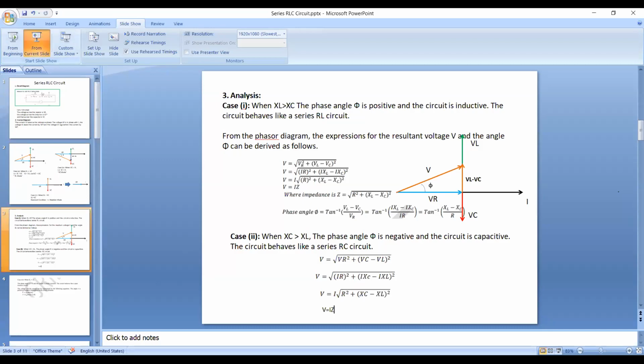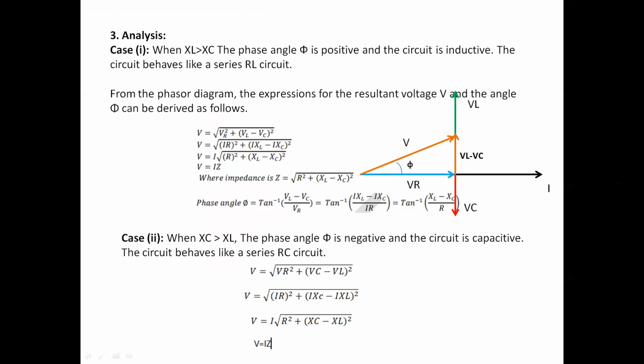Now let's look at case 2. In case 2, we are under the assumption that XC is greater than XL, that is, the capacitive drop is greater than the inductive drop.